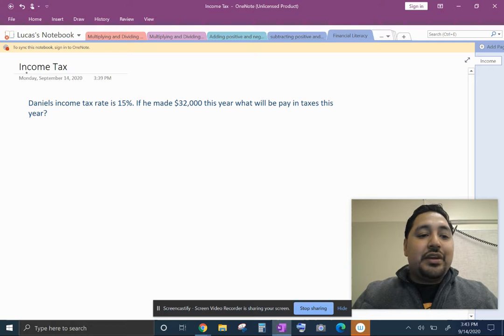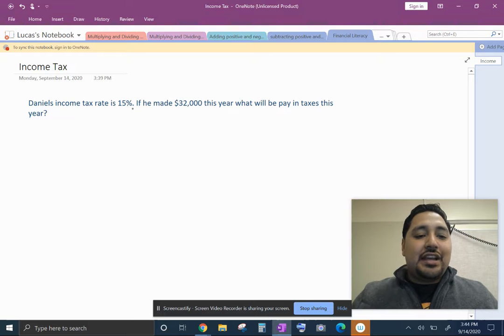Income tax is what you pay to the IRS or to the country every year. And it's a tax based on a percentage of your income. And so we're going to go over this problem right here. It's very simple, and it's very similar to sales tax, except it's not based off of the sale, it's based off of your income.